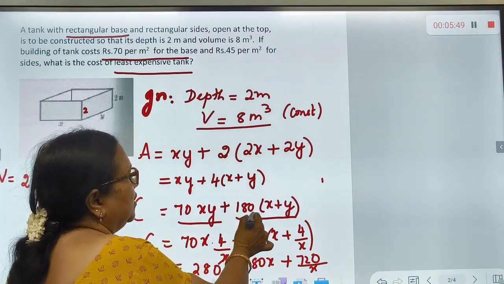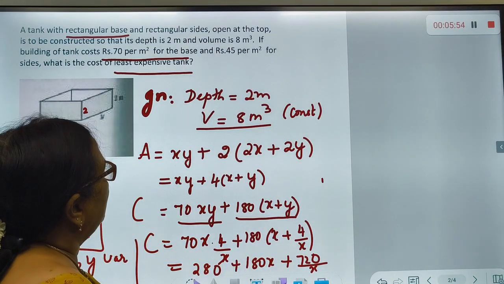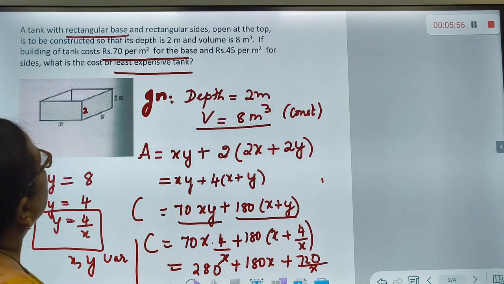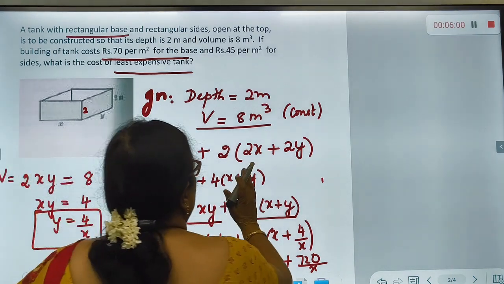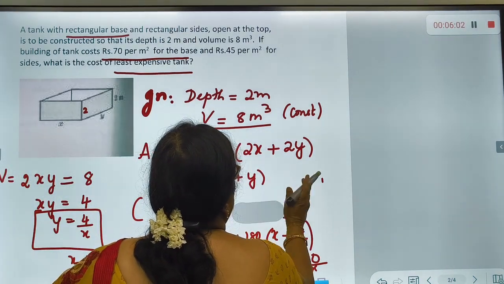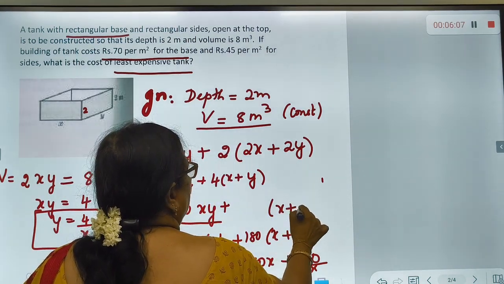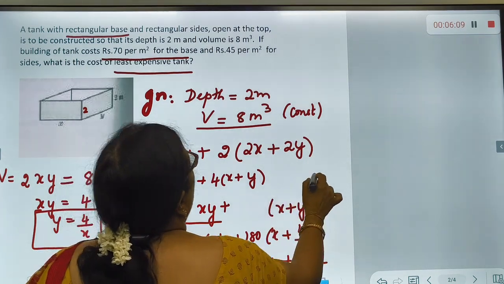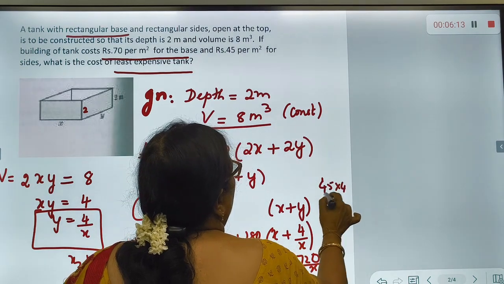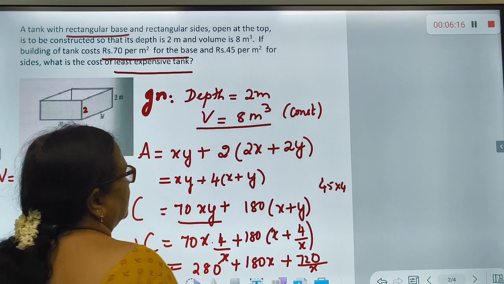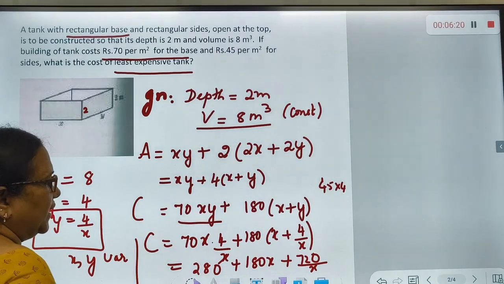So it is 4 into x plus y, 4 into x plus y into 45. Why did I do 180? Per meter square for sides, 4 into 45 is 180. Do you understand? So now I have replaced y by 4 by x.